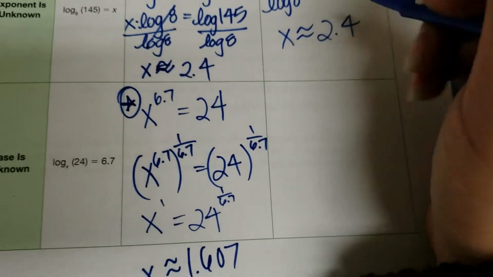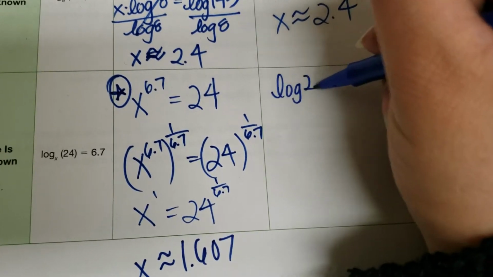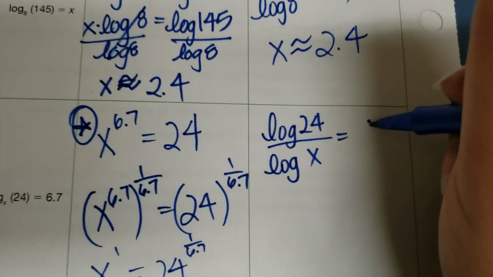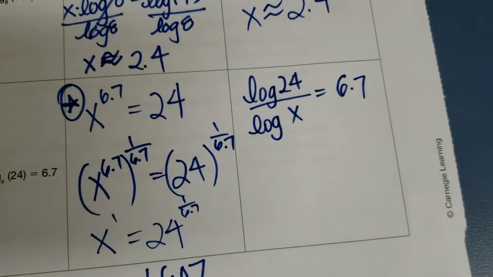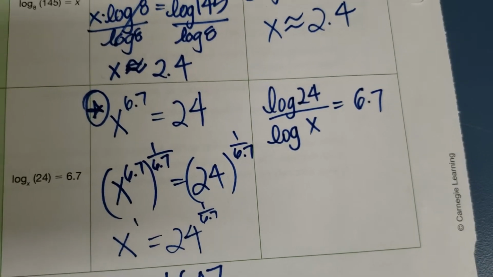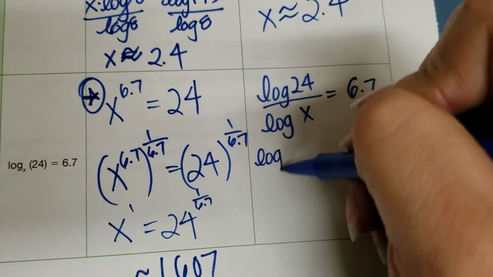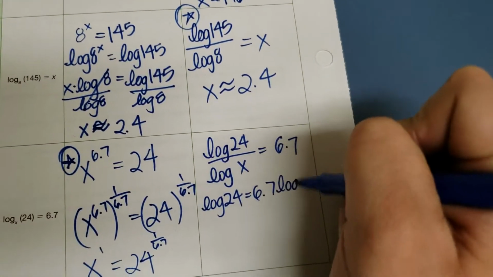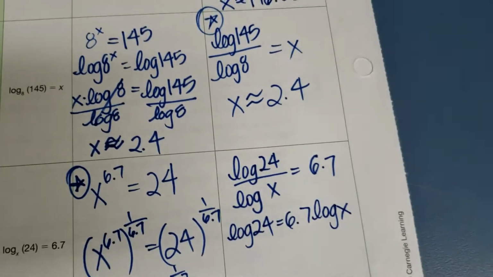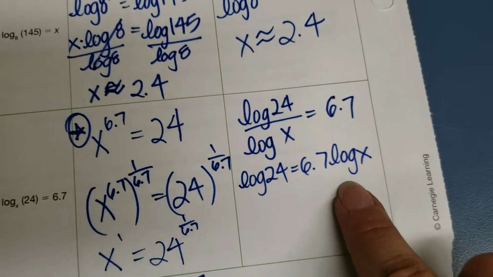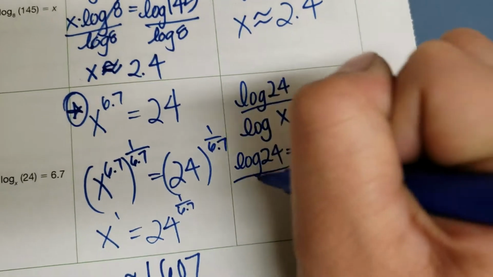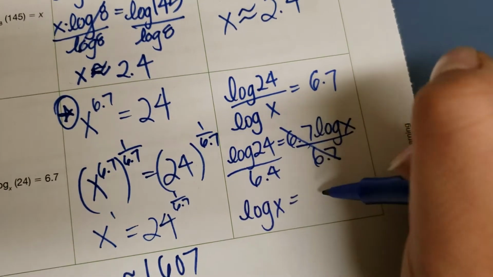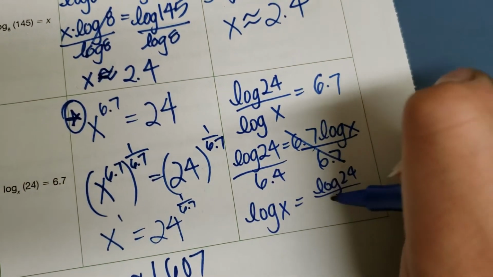This one just has a lot more steps. If I were to do change of base, log of 24 over log of x equals 6.7. Well, now I got to multiply by log of x on both sides. Sorry, it's hard to write and record. Now I got to divide by 6.7. It's kind of like if I cross multiplied. So I got log of x equals log of 24 divided by 6.7.